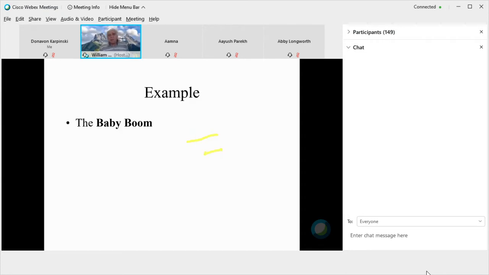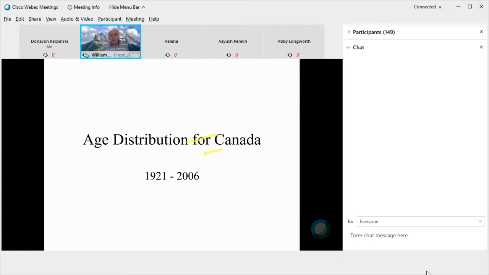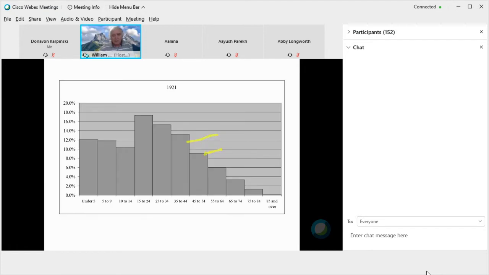An example, here's the baby boom. This is data that gives you the age distribution for Canada from 1921 to 2006. I'll use a histogram to show you how the age is distributed for different time periods. There's 1991.